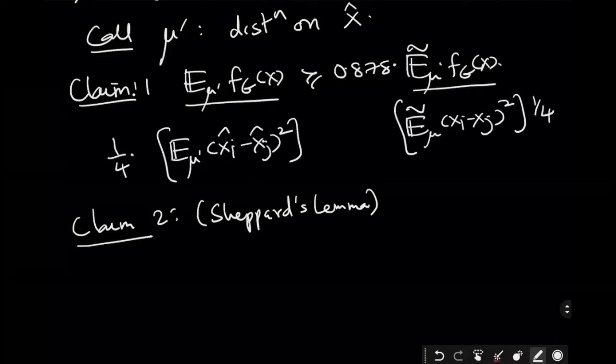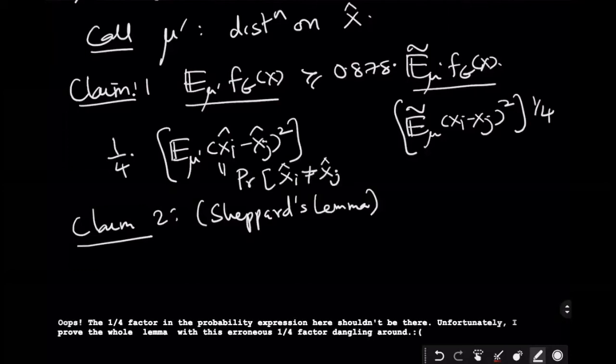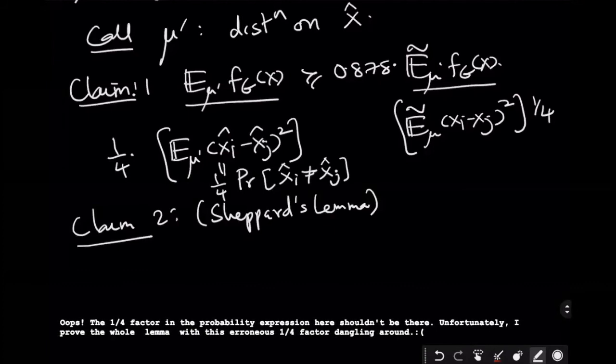So on the right hand side, if you look at this (x hat i minus x hat j) squared, it either takes the value 4 or 0. And so this number is simply equal to the probability that x hat i is not equal to x hat j, scaled by 1/4, because whenever it's not equal, it's going to give me 4. And so that's exactly what's going on. In this claim 2, we are going to really compute this.